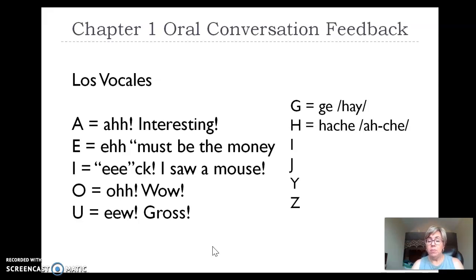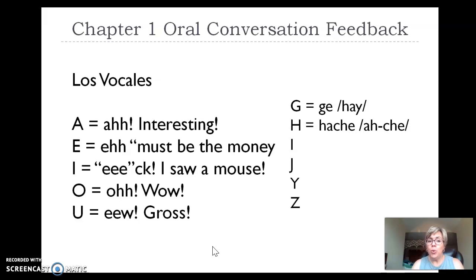So the letter A is pronounced ah, like ah, interesting. The letter E is pronounced like eh, must be the money, like that song. The letter I is pronounced like eek, I saw a mouse. The letter O is pronounced like oh, wow, okay?